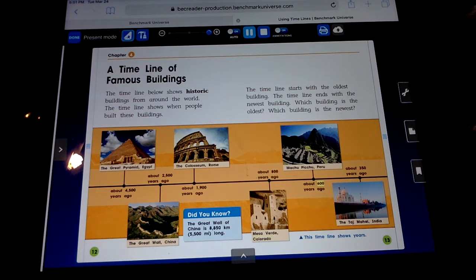About 600 years ago, Machu Picchu, Peru. About 350 years ago, the Taj Mahal, India. Did you know? The Great Wall of China is 8,850 kilometers, 5,500 miles, long. This timeline shows years.